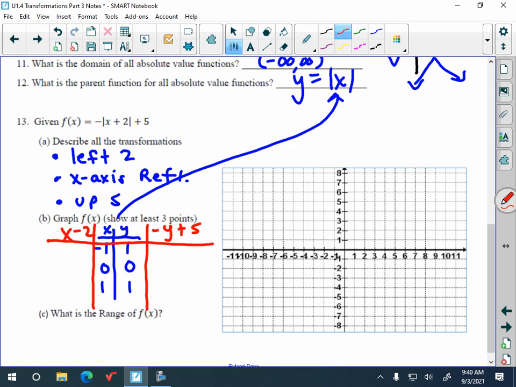All right, so our new values look like -3, -2, -1. -1 plus 5 is 4, and then 5, and then 4.